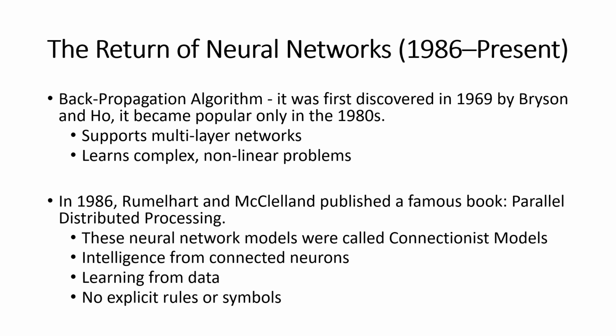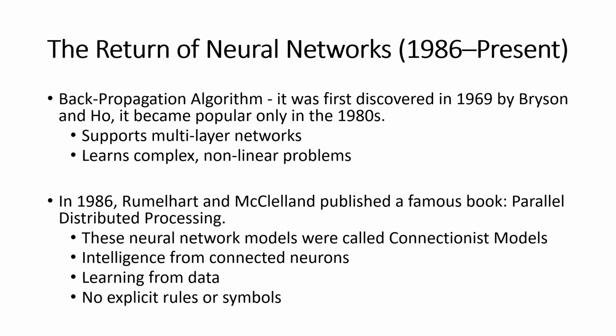This was first discovered in 1969 by Bryson and Ho, and it became popular only in the 1980s. Earlier neural networks had only one layer. Backpropagation allowed multiple hidden layers, error correction, and learning complex patterns. That is why neural networks suddenly became powerful.